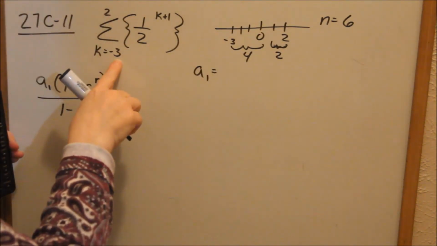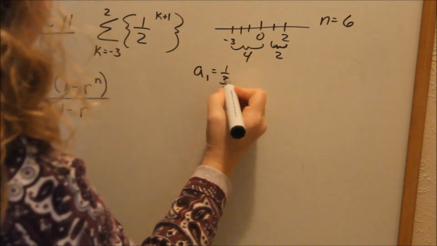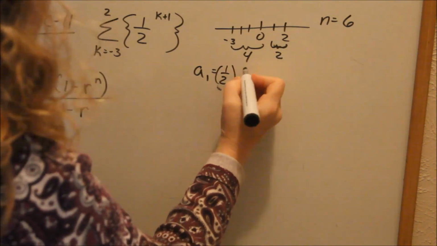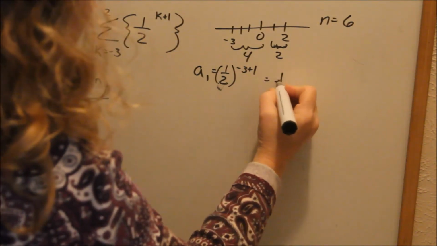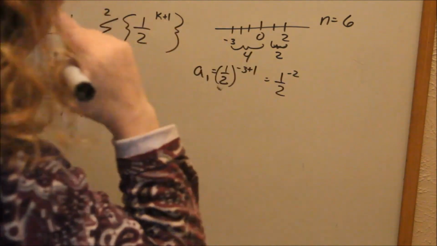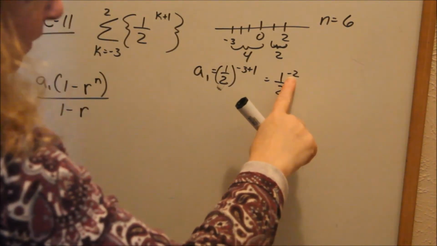Take your first number and substitute it in for k. So that would be 1/2 raised to the -3 plus 1. So that's 1/2 to the -3 plus 1, which will be -2. Alright, so a reminder of what negative in the exponent means.